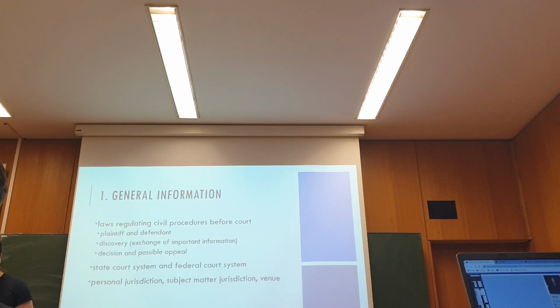Although I will mainly focus on personal jurisdiction and subject matter jurisdiction, venue is essentially just a geographical location within the judicial district that gets determined, most of the time, based on the defendant's residence. But the other two requirements require more detail and more explaining, which is what I'm going to start with right now.